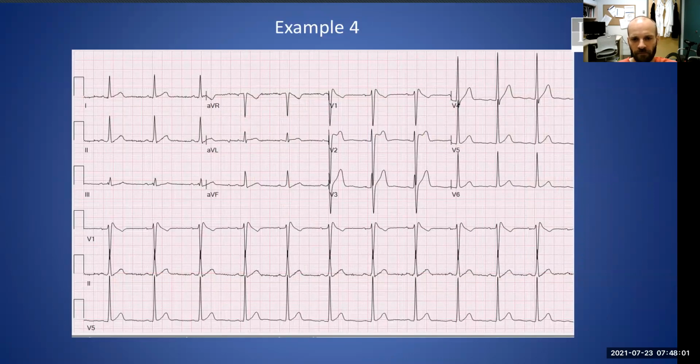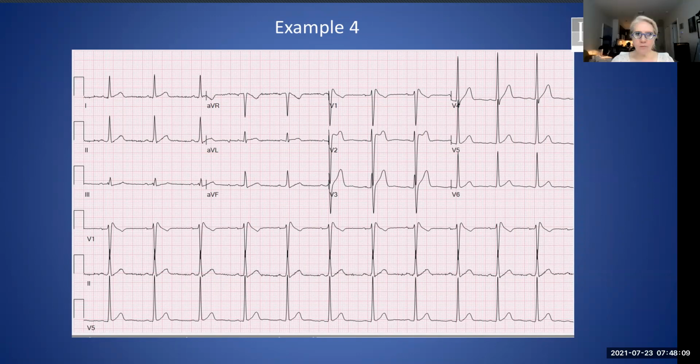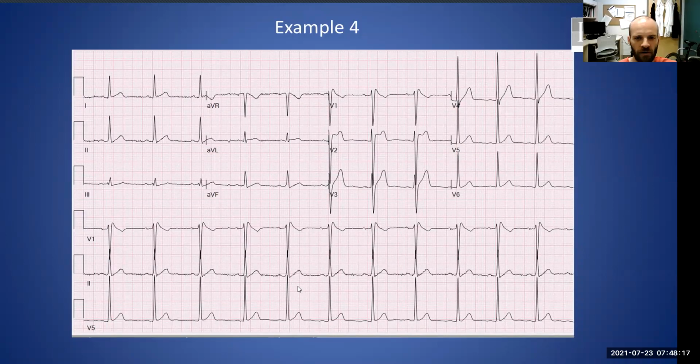What about this one? Does it have Brugada type 1 in V1 and the saddleback in V2? Okay, so this is good. I would agree that we've got T wave inversion here, and it is downsloping here. But one of the key criteria was how much of it there is. Is there 2 mm of ST elevation? There isn't.